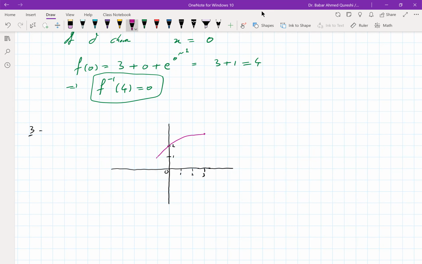At -1, and crosses the 0 around here. And then you have 1, 2, 3. Like this.